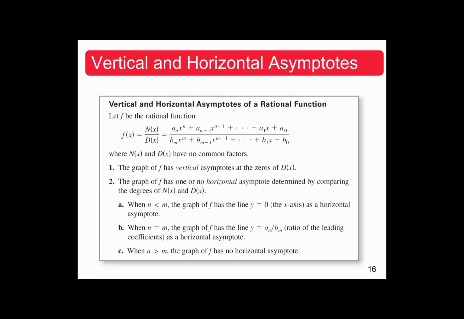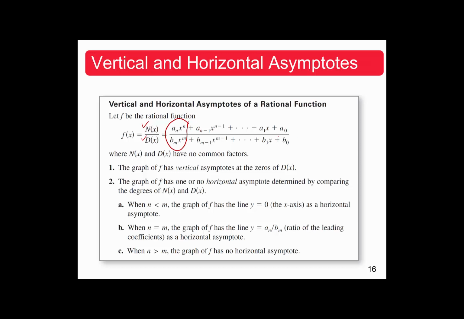Alright, so now let's take a look at the vertical and horizontal asymptotes of a rational function. A rational function is a quotient of a polynomial function over a polynomial function. And typically, you could just take a look at the leading term, because the leading term is the main concern.